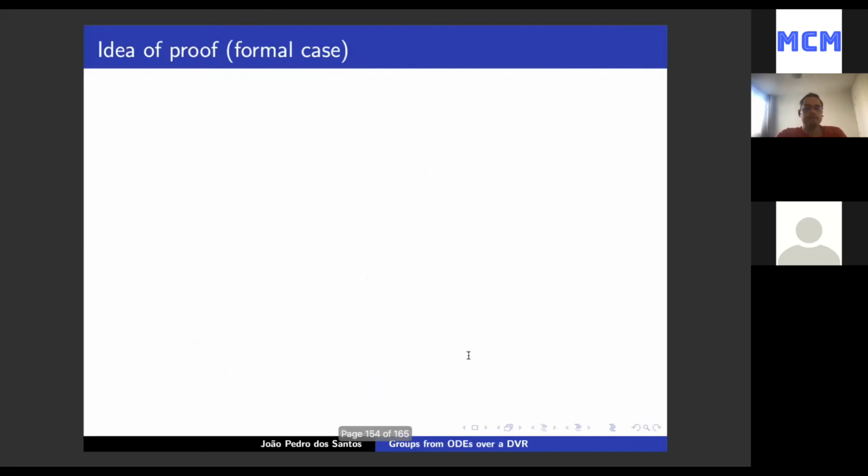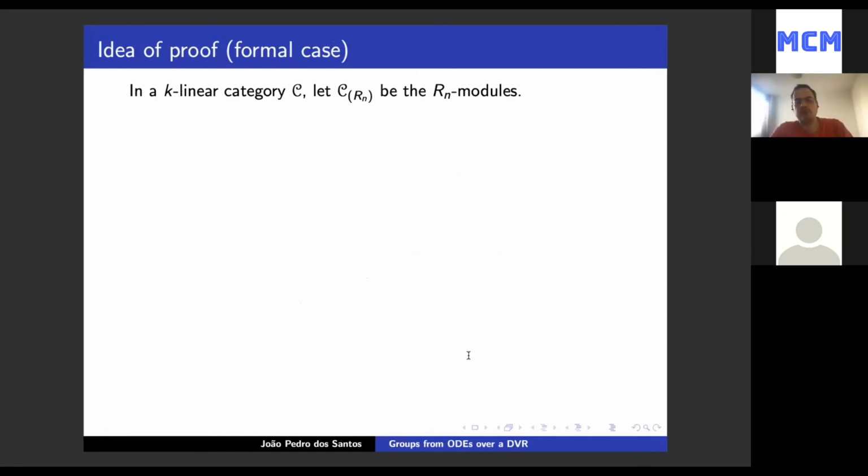Let me end with an idea of proof of this theorem. I'll give you the idea of proof of the formal theorem, because the other one is more analytic and takes more speech to describe, but the idea is exactly the same. So the idea is, in every linear category, I consider the category of Rn modules in there.